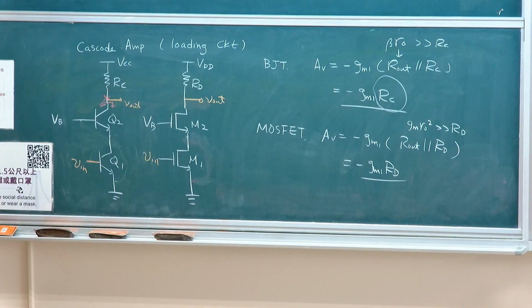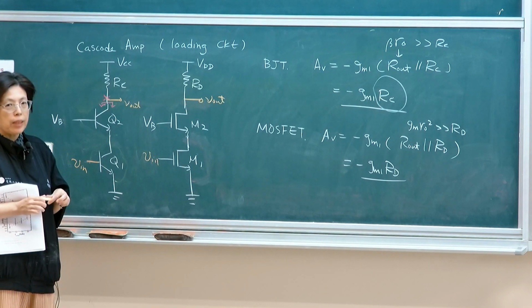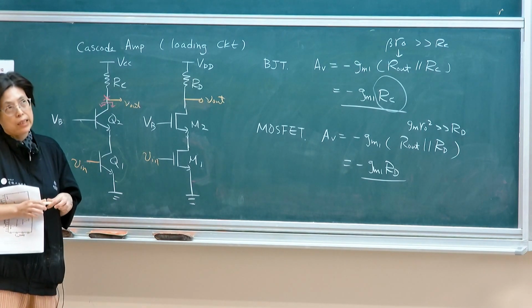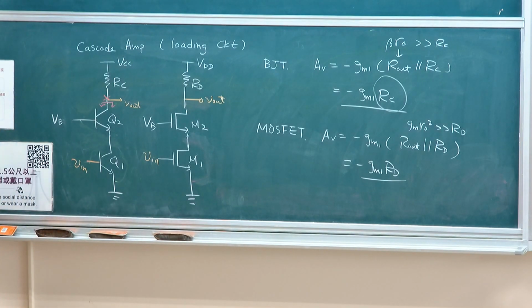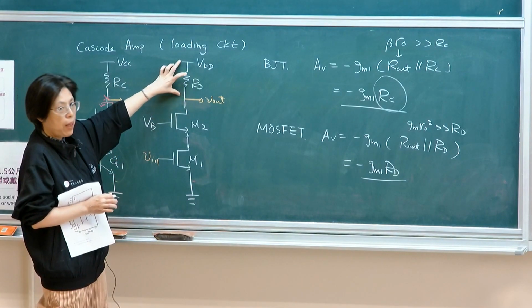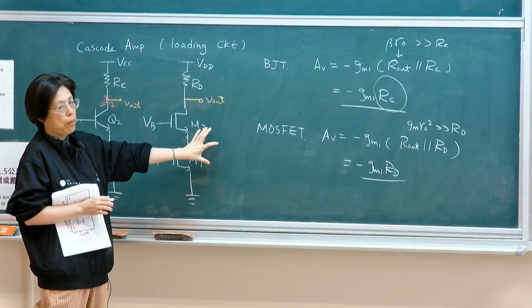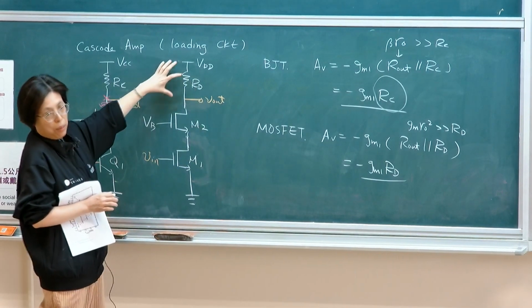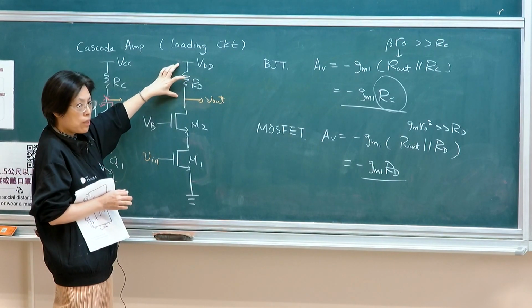In order to maintain this high gain, this is the same as an analogy to our quarantine process. If you're only quarantining people coming from outside and there's no quarantine for people within, then you actually get this leak, this low resistance path.